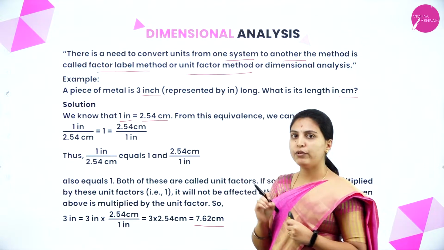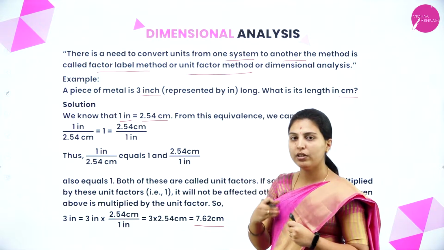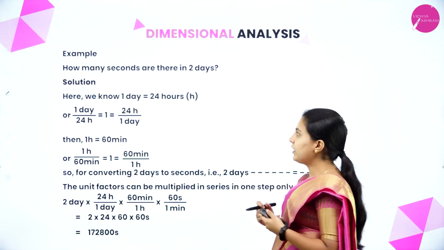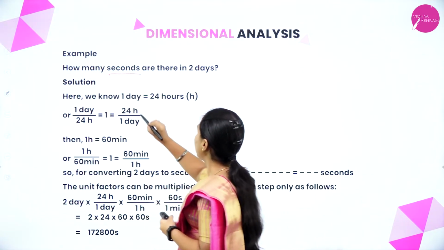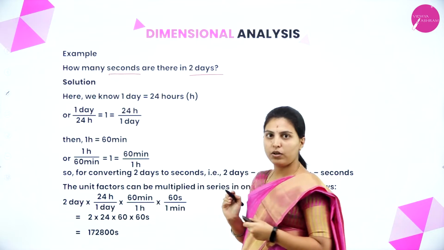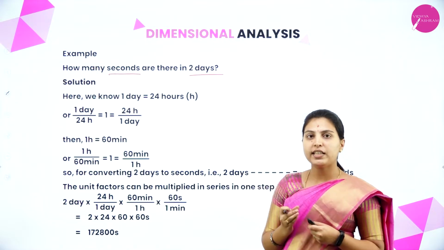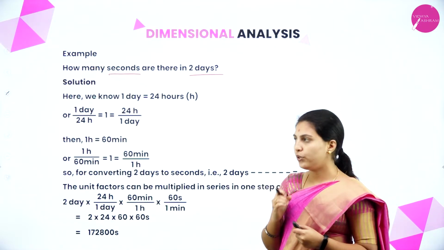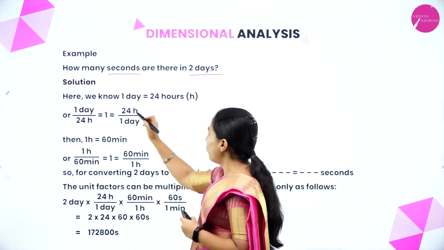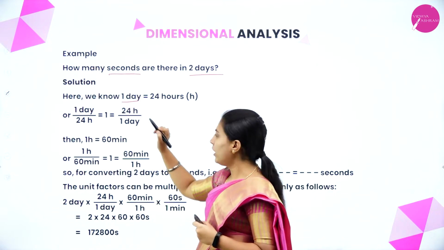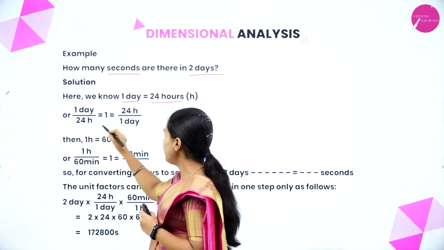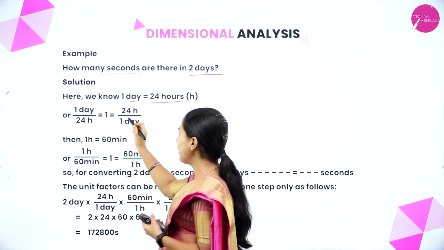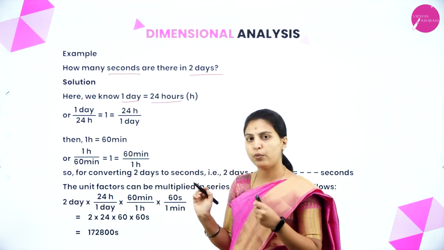Like this, you have to convert from one unit to another. We'll see another example. How many seconds are there in 2 days? We know that in one day there are 24 hours, so we can write 24 hours for 1 day.